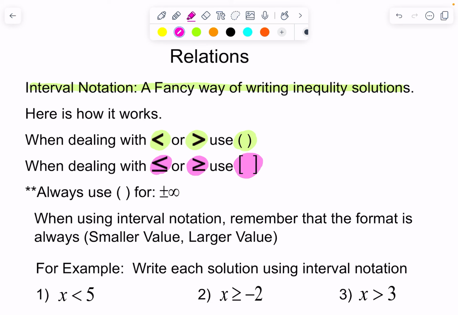And whenever infinity, whether it be positive or negative infinity, is involved, we're going to always use parentheses. Now, when using interval notation, try to remember that the format is always going to describe the smaller value, comma, to the larger value. Okay, always smaller value to larger value.